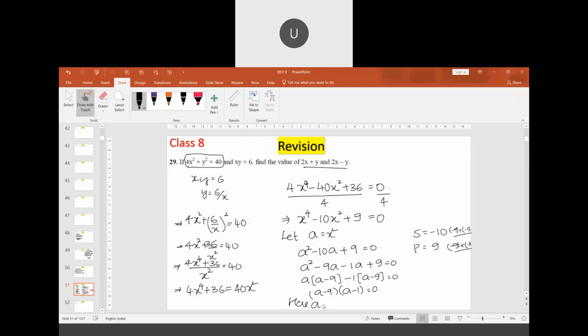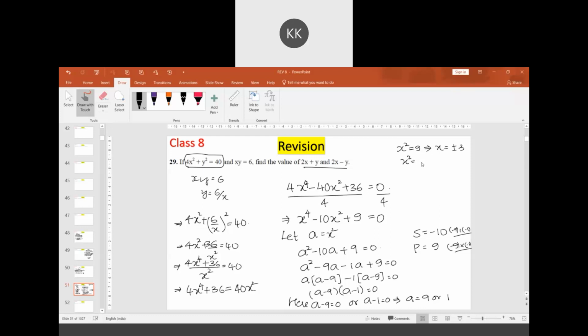So it means a minus 9 should be 0, or else a minus 1 is 0. In such a case, the value of a can be either 9 or 1. This is the x square value. So x square can be 9. This implies that x can be plus or minus 3.